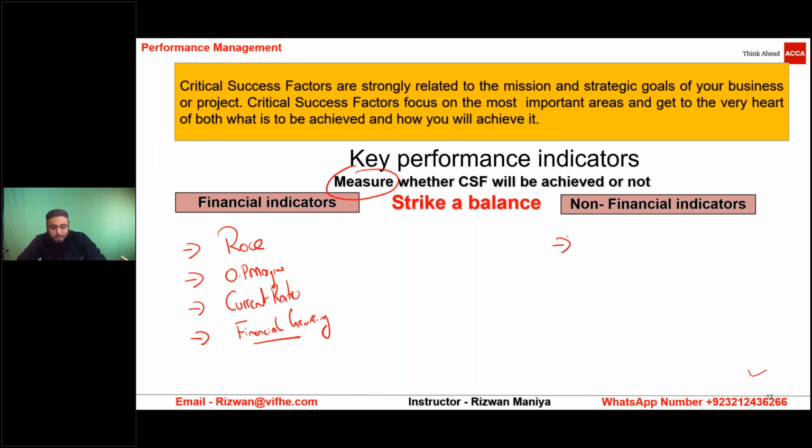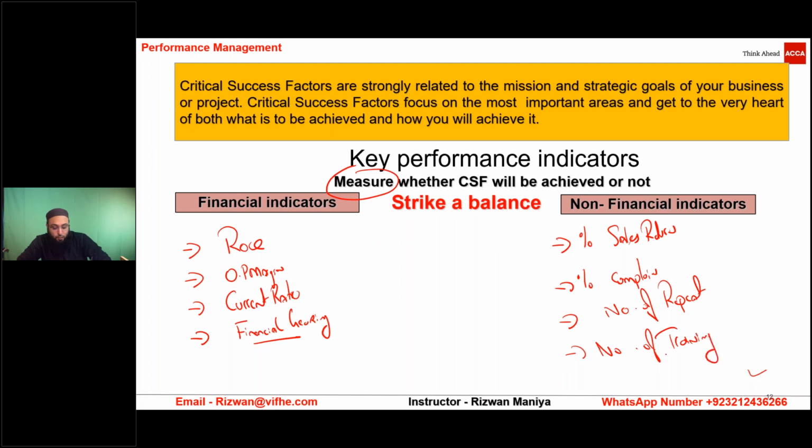Examples are many, like percentage of sales returns, percentage of complaints made by customers, number of repeat customers, meaning how many came back to the business, and number of training hours, which indicates the training given to employees.